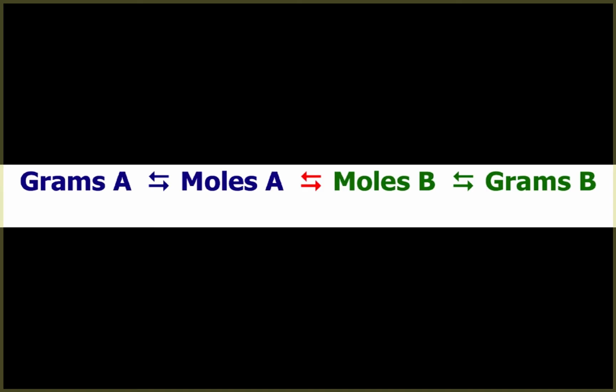To get from moles of one substance to moles of another substance is where we use that mole ratio from the chemical equation. So those are those coefficients, those big numbers in front of the reactants and products. That's how you get from one substance to another.